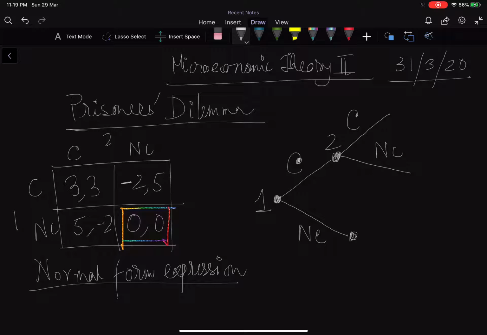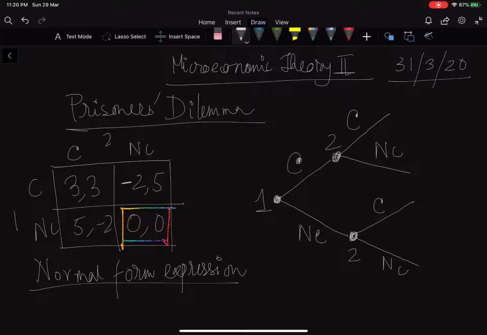So even when player number 1 chooses not cooperate, even then player 2 could choose cooperate or not cooperate. Now the problem is the following: if I stop here, then this looks like a sequential move game, that first 1 moves, chooses C or NC, and then 2 observes that choice and then decides whether to choose C or NC.